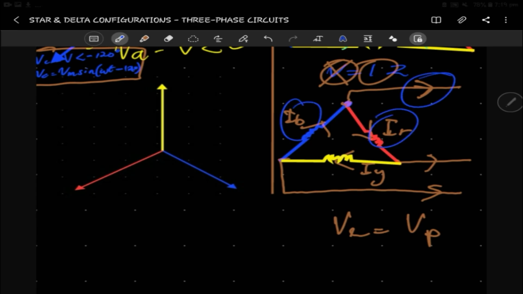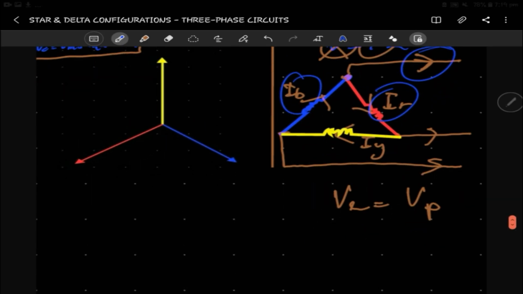The ones entering will be the line current and this one here. So if you are trying to find the line current, still on the delta, the line current will be equal to the current IR.